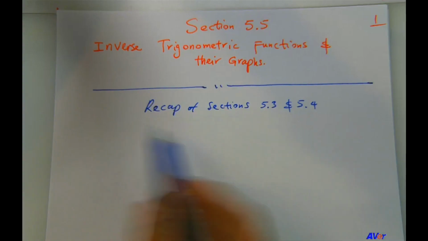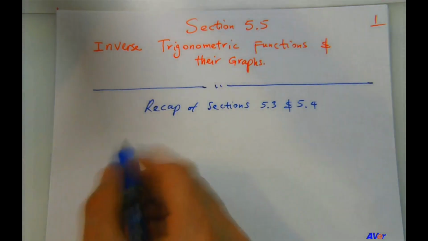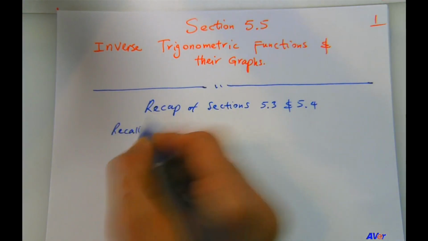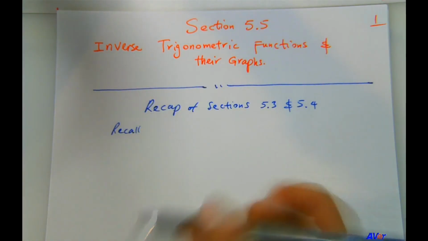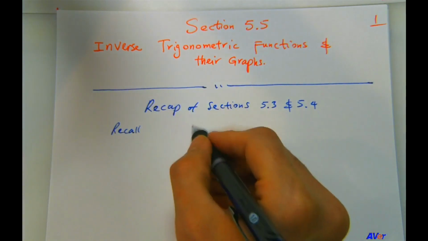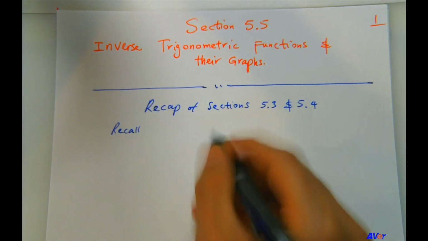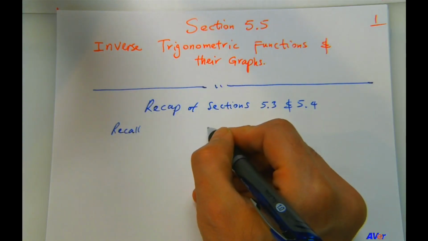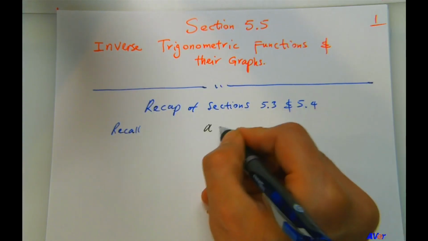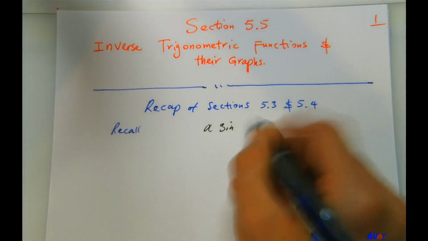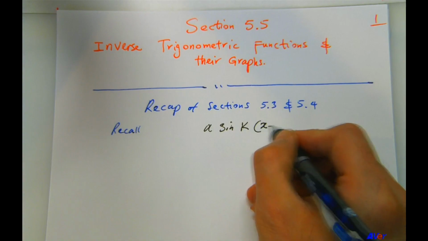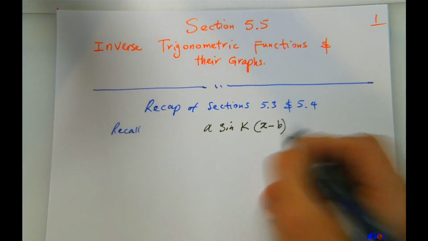transformations of sine functions, recall that for the sine function we had f of x equals A sine of k times x minus b.